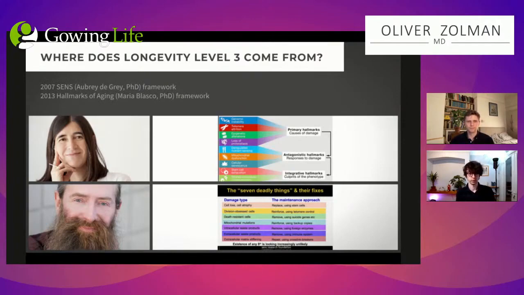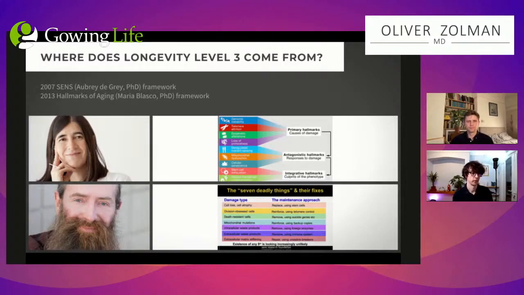There's the SENS, the 7 deadly things that build up in the body and cause aging, which is Aubrey, with the beard at the bottom, his framework. And then there's a group of scientists, many of whom worked with Aubrey, who built on this idea and published it 6 years later, called The Hallmarks of Aging.